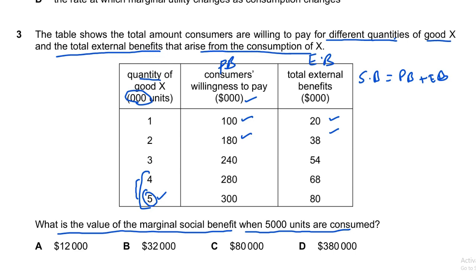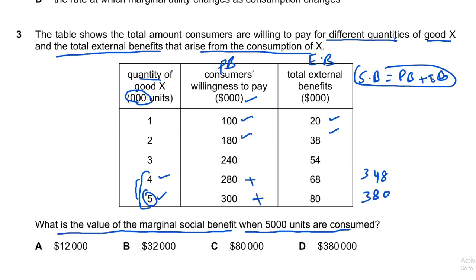If we calculate social benefit at a quantity of 4000, it will be 280,000 plus 68,000, which makes 348,000. For 5000, it is 300 plus 80, because we put these values into the formula: private benefit plus external benefit gives social benefits. So 300 plus 80 is equal to 380.